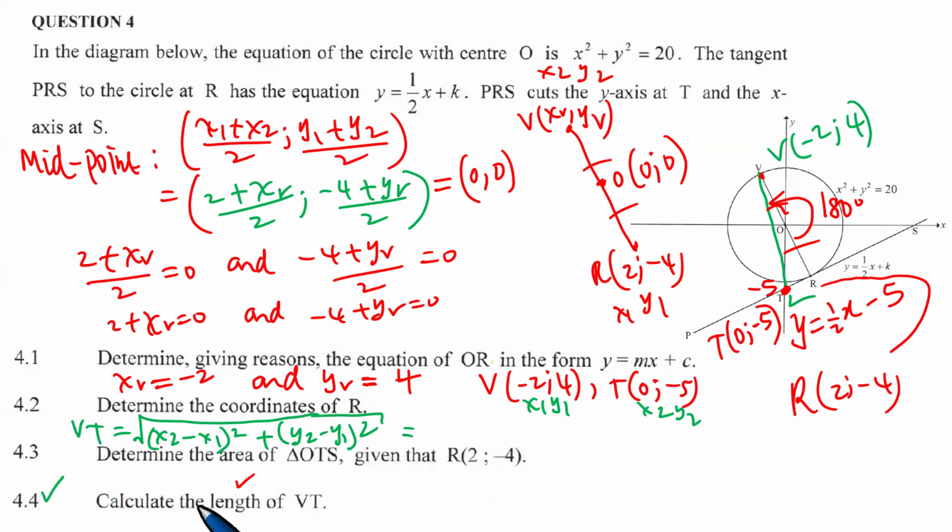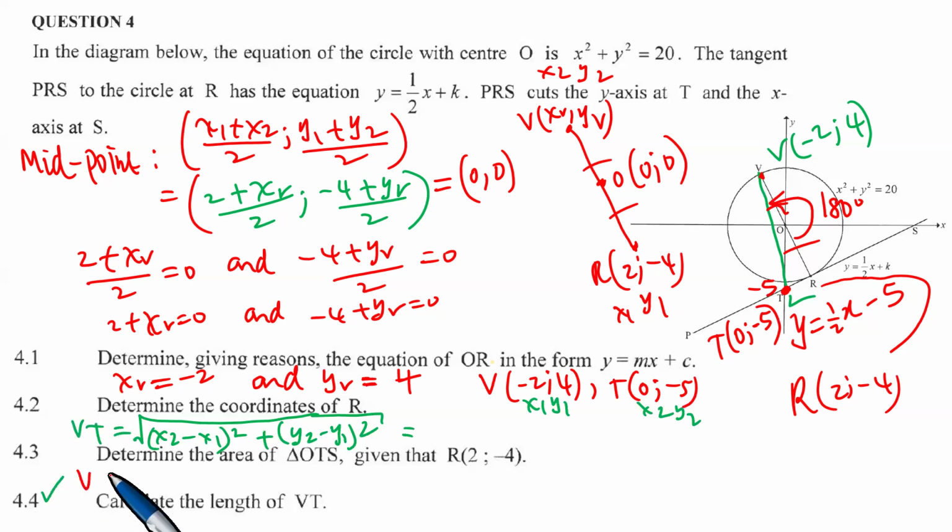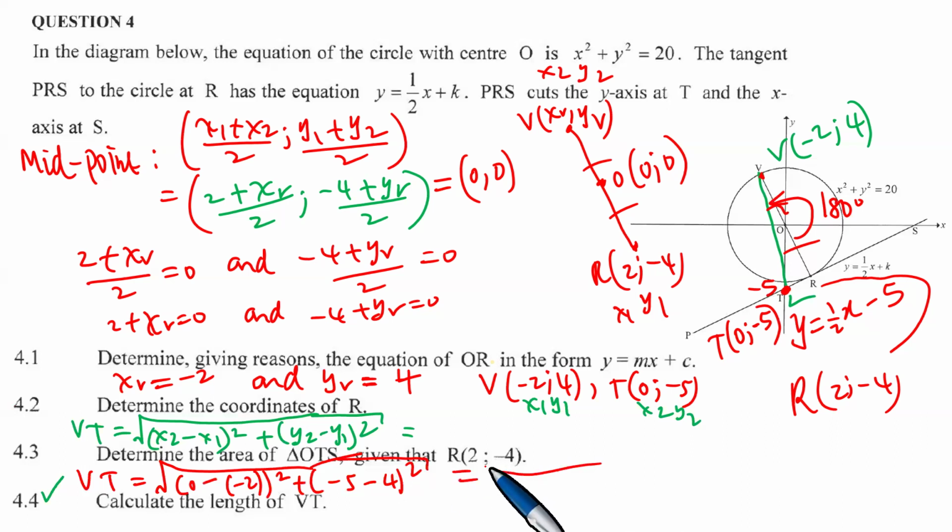And therefore now we continue to find the distance. So we continue here below, and we are able to find VT, which equals the square root of... What is x2? x2 is 0. What is x1? It's -2, squared. What is y2? It's -5. y1 is 4.